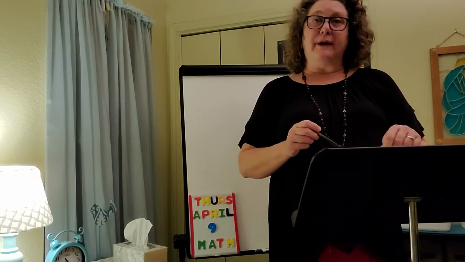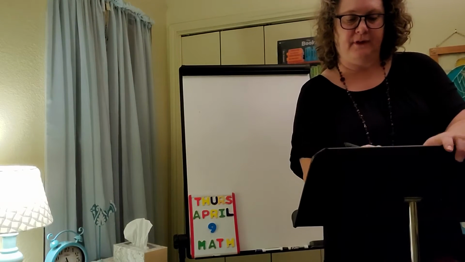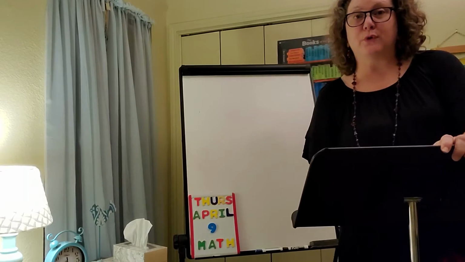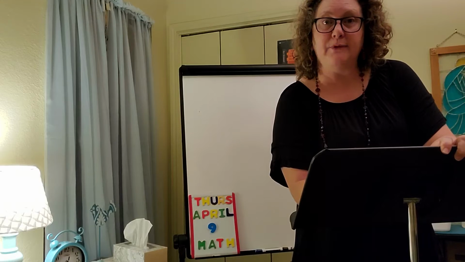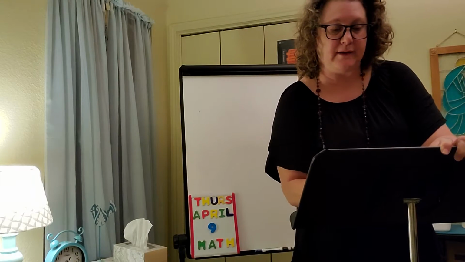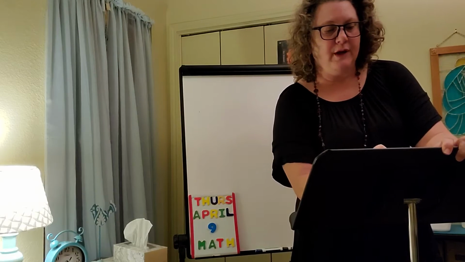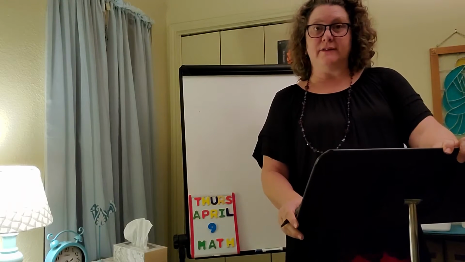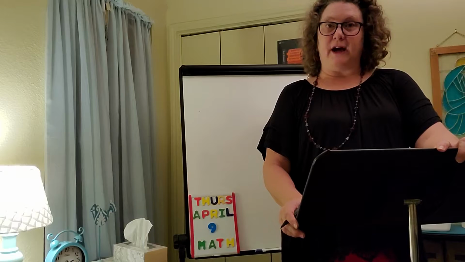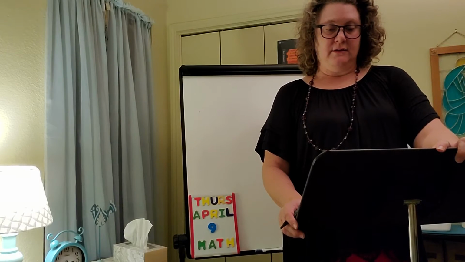That 2 and 3 became 5. 6 and 8 is 14. So I wrote my 4 in the tens place, and I renamed 100 in the hundreds place. 100 plus 100 plus 300 is 500. So my answer is 545.